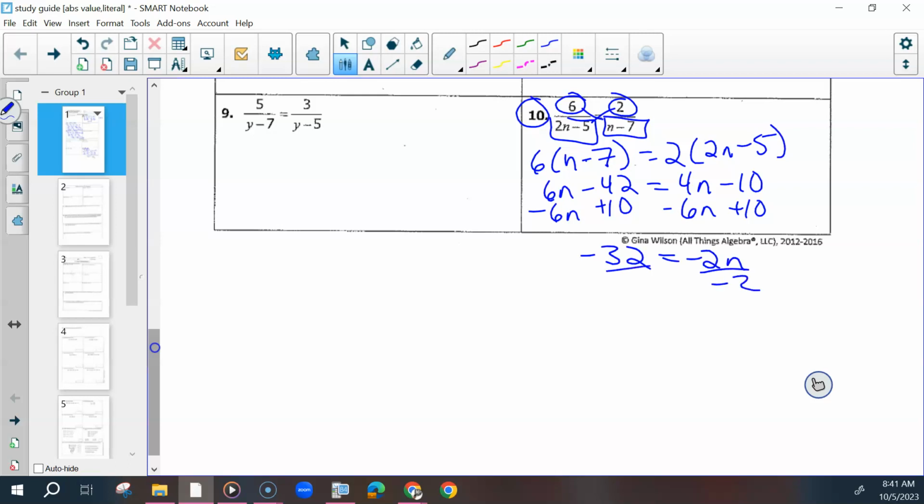Divide both sides by negative 2. Any questions on 10, on solving multi-step in general? Let's go on to the next page. So there are more absolute values than just these 4, but do we have questions on 11 through 14?